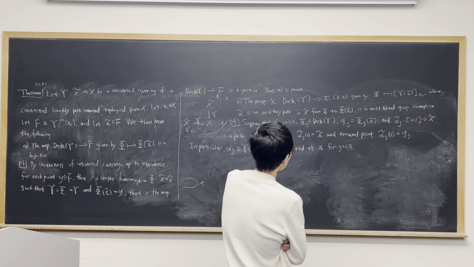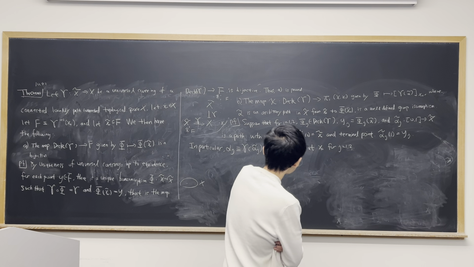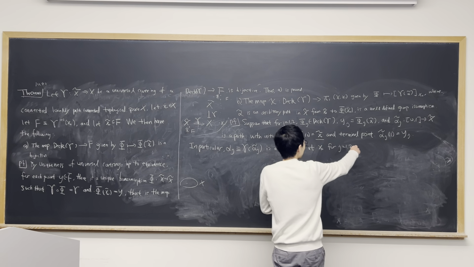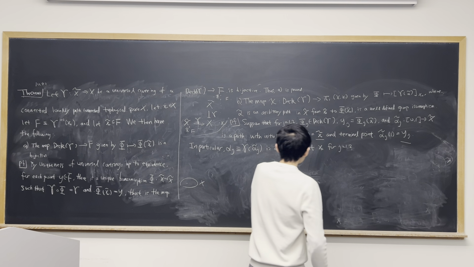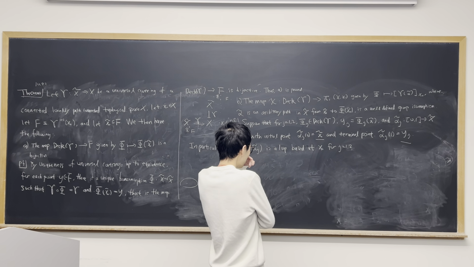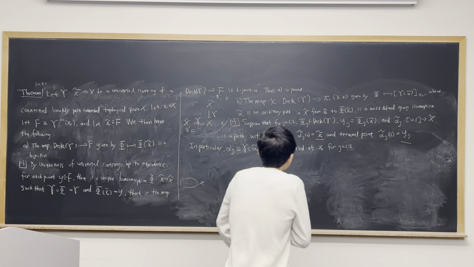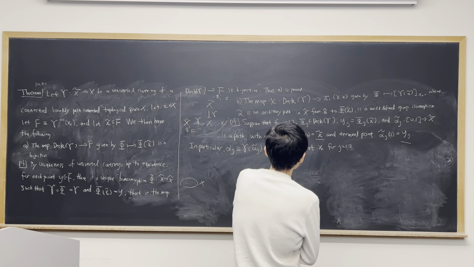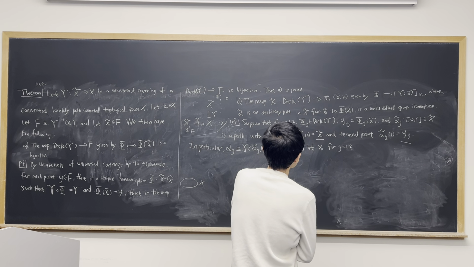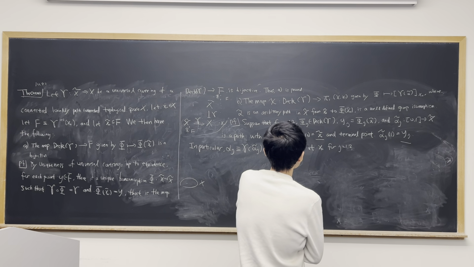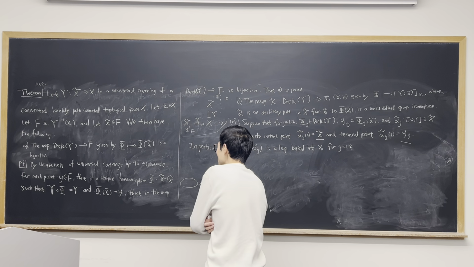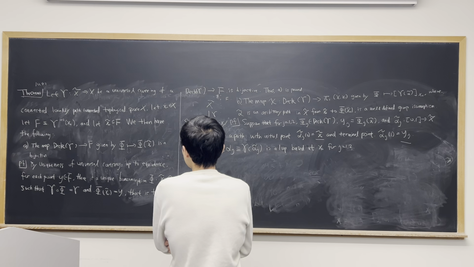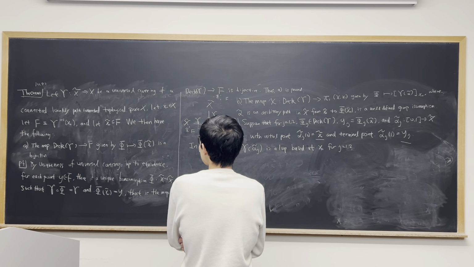Okay, I see. Because the initial point is x naught tilde, and the terminal point is yj, right? And then we know that this yj is what? We know that, oh, okay.